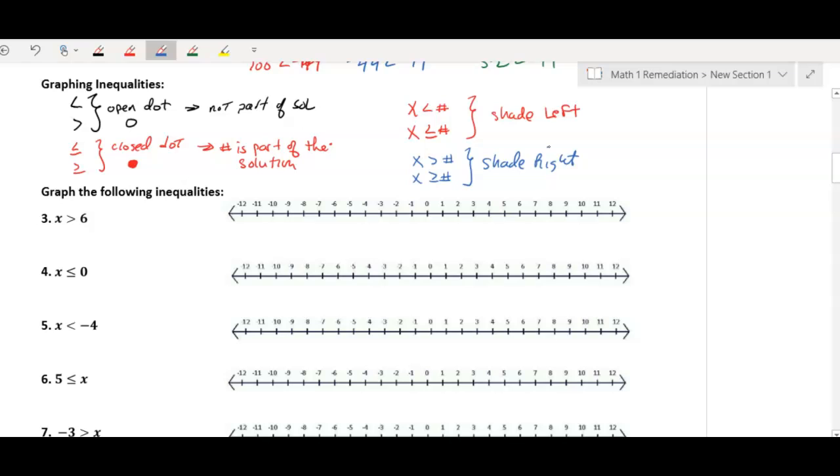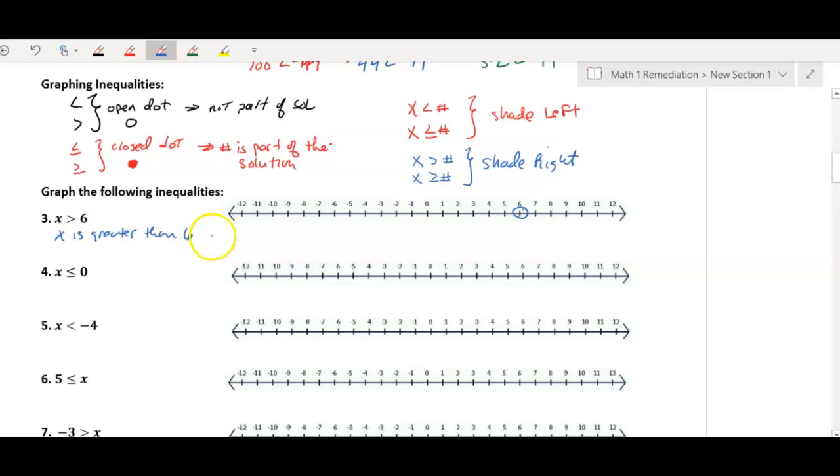Okay, so let's take a look at some of the graphs. The first one, x is greater than 6. So we know we're going to go to 6 on the number line. Because we're not equal to, not equal to means we put an open circle there.